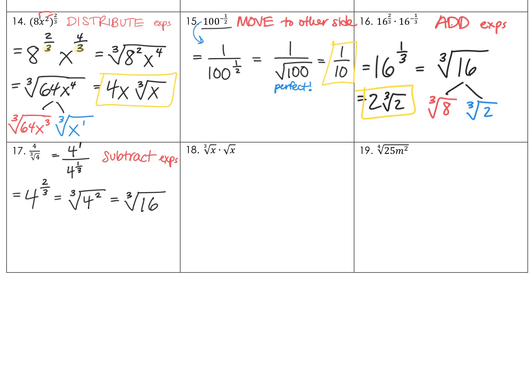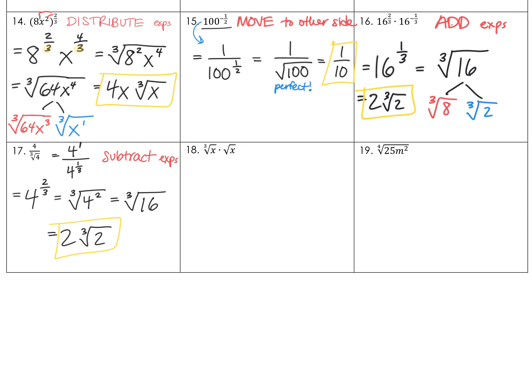And we literally just did this one. The cube root of 16 simplifies down to 2 times the cube root of 2. We just did it. I'm not going to show the work again, because it divides by the cube root of 8.